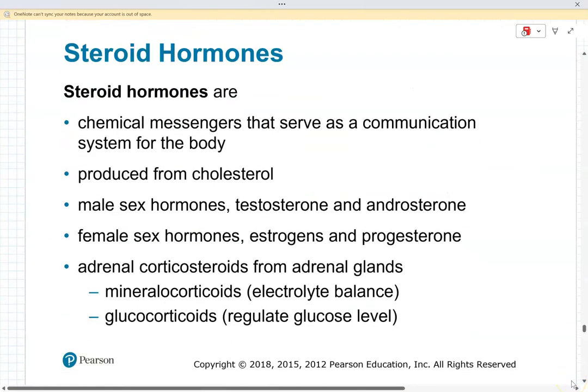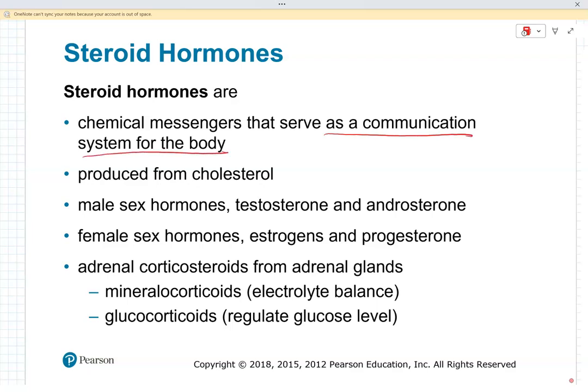Now, steroid hormones. So we have sex hormones and some of the hormones produced in the adrenal cortex. So basically the idea, they regulate various body activities and they are produced from the cholesterol.